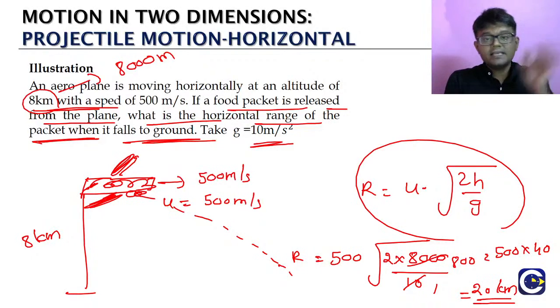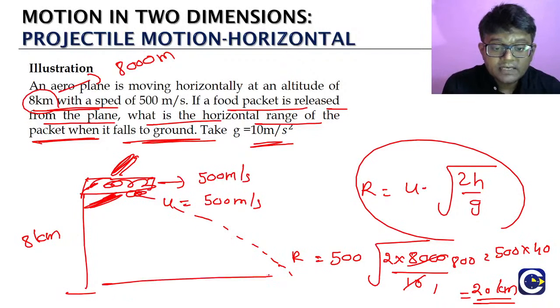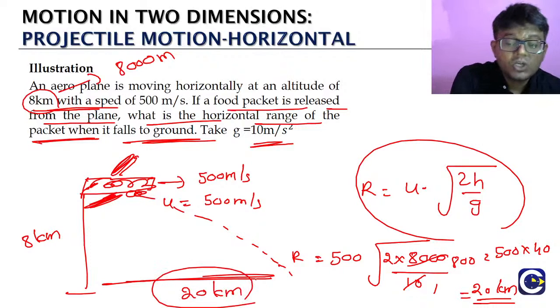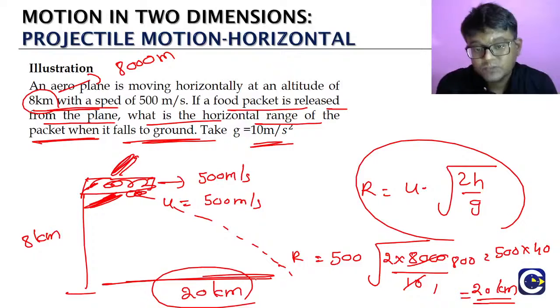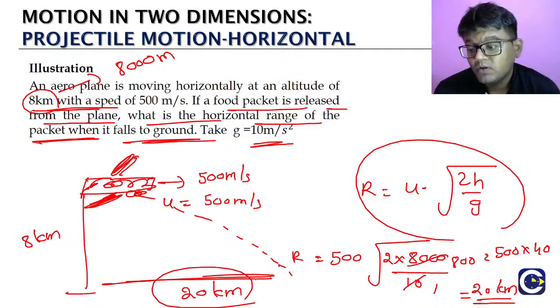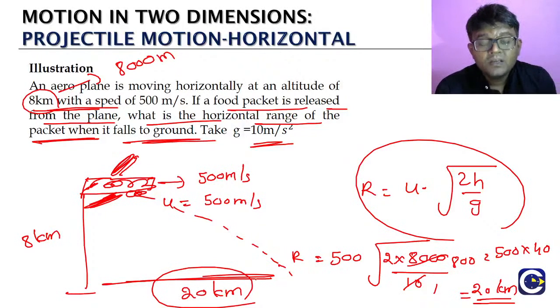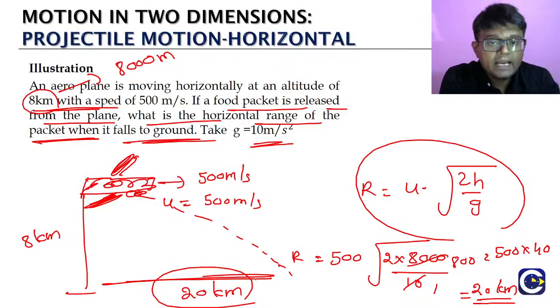If you just release that food packet, after how much horizontal distance is it going to fall? It will fall after a horizontal distance of 20 kilometers. That is the reason why, during rescue operations, like when there is a flood or some kind of cyclone, and relief operations are going on, typically they will try to drop supplies or food packets from the aeroplane.